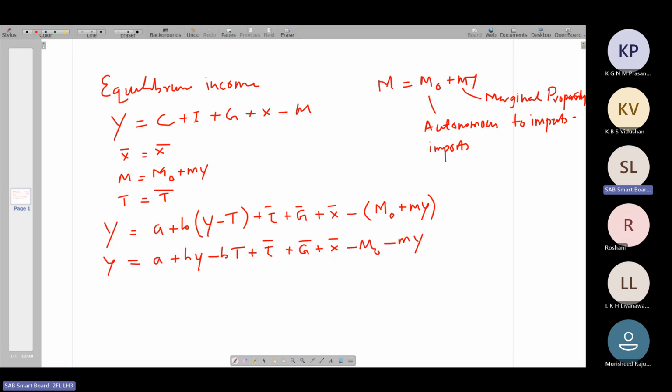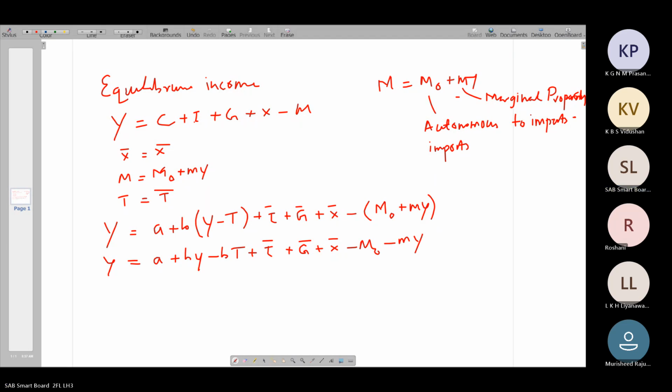So normally the multiplier effect is there. When income increases, there will be a multiplier effect with this coefficient, right? So that is our import, M0 plus mY. Now we are going to derive the equilibrium income.